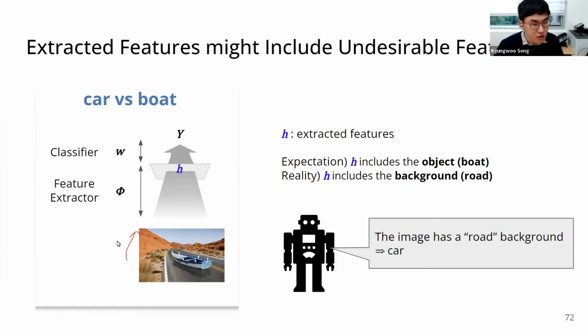When we train on images, we usually adopt a neural network-based feature extractor and classifier. We expect and wish that the extracted features H include the invariant features, such as the object only. However, in reality, H might include undesirable features such as the background. It may cause a problem when the machine encounters an image such as a boat on the road.